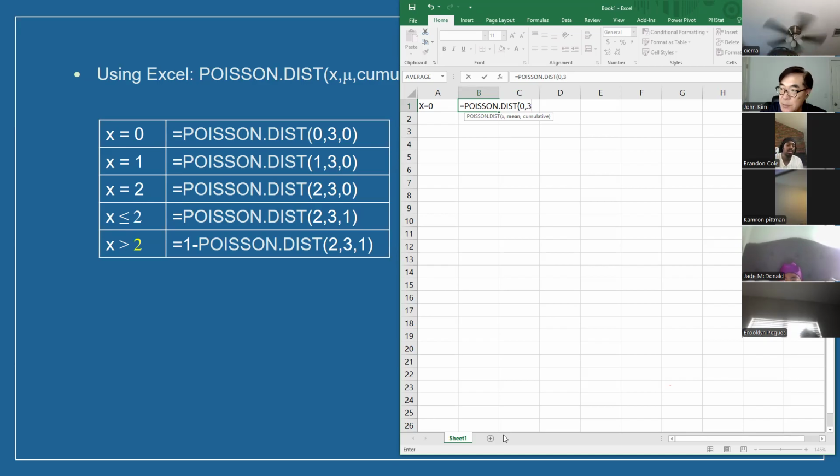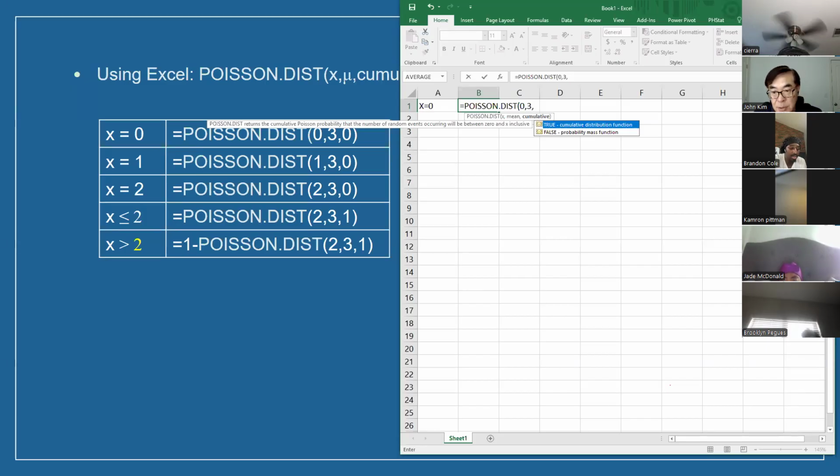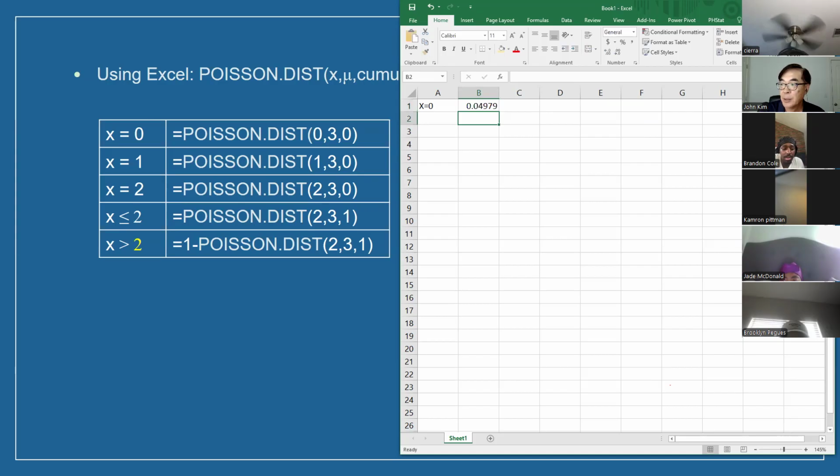The average number of customers is 3. And then it is a single probability. Last time we did, you may type in false or 0 because it is single, not cumulative. So type 0, enter. So it is 0.04979.